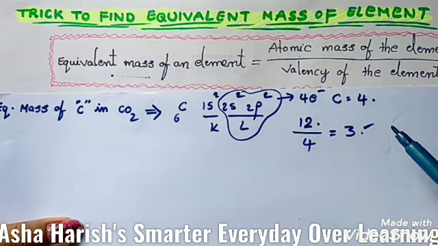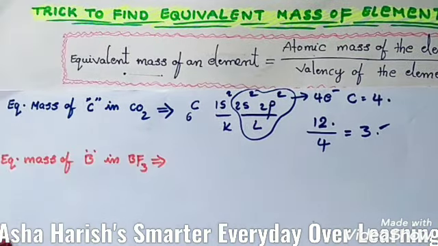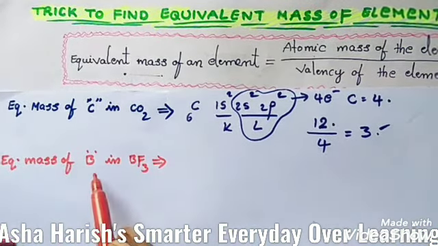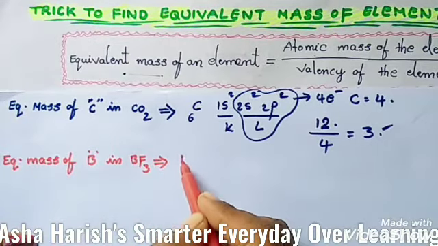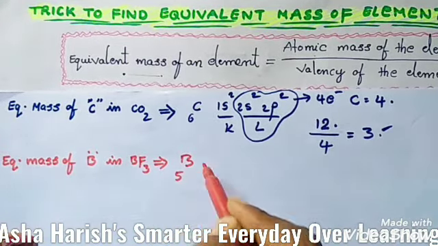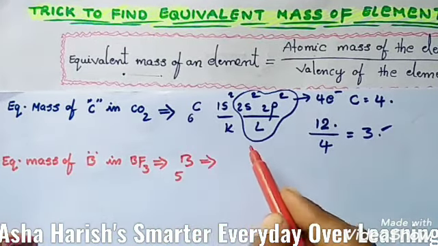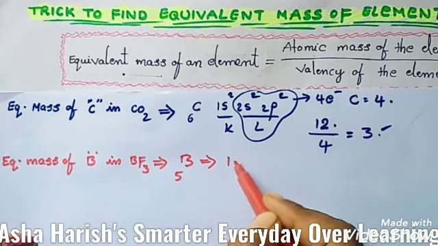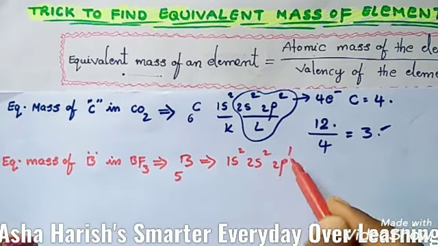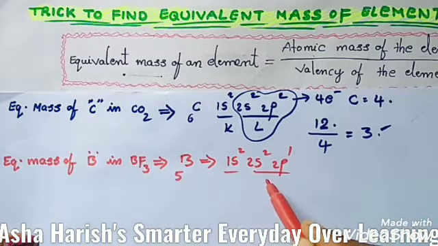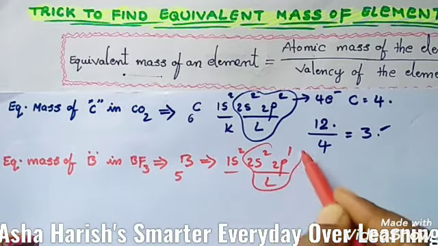Right, we shall go for the next example. Find the equivalent mass of boron in BF3. Boron is the central atom, with atomic number 5. The electronic configuration is 1s2, 2s2, 2p1. The second shell, the L shell, is the outermost shell.